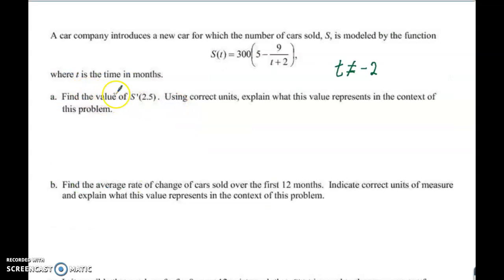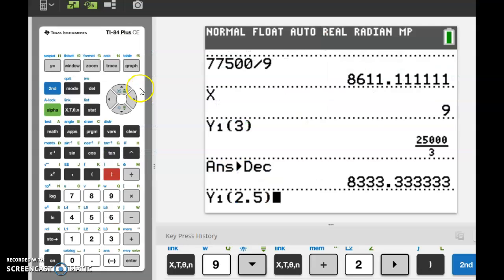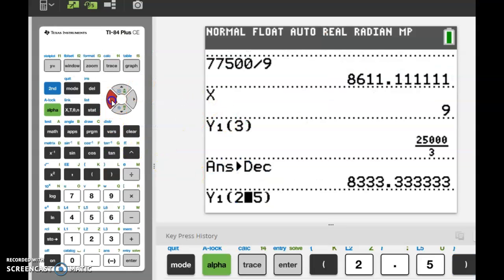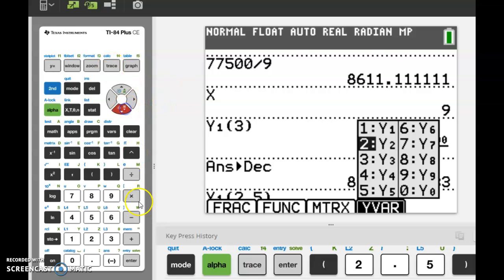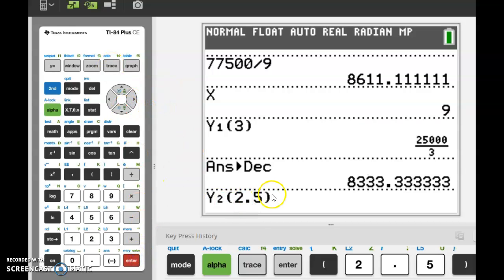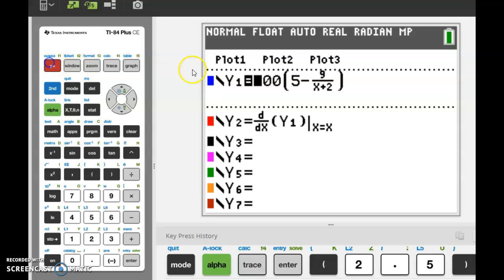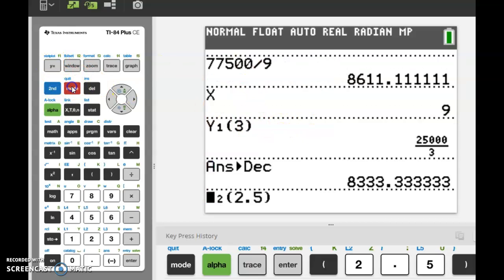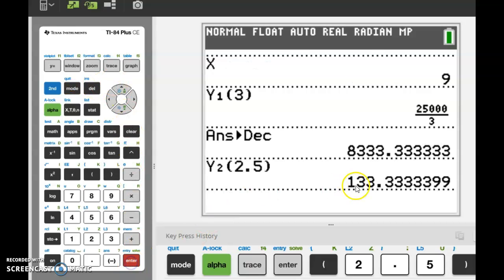Oh wait, find the value of s prime. Okay, so that would have been a mistake because we want the derivative. So I wanted the second equation. As we had it saved in here, we wanted the second equation, the derivative of that. Hit enter, and I get 133.333.